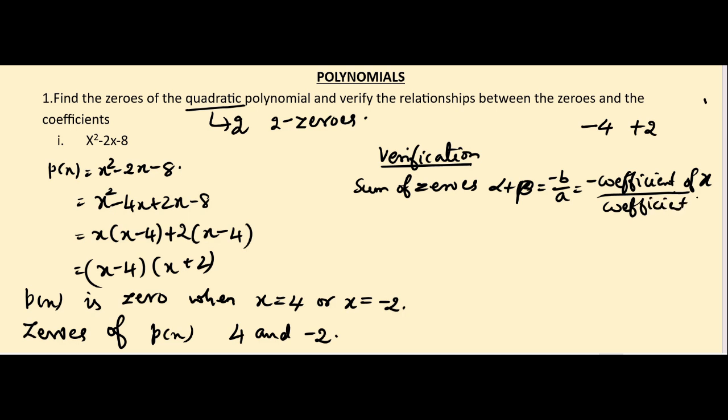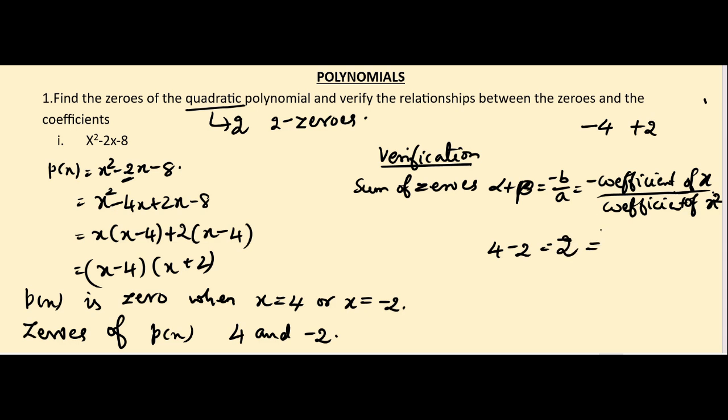In the previous class, we discussed this coefficient of x square. So the sum of zeros alpha and beta: we got the zeros 4 and minus 2. That's why 4 minus 2 is equal to minus b, the coefficient of x. What is that coefficient of x here? That is minus 2. See here, 4 minus 2, the answer is 2.